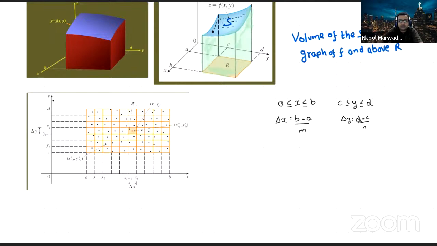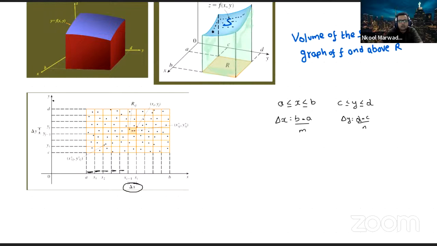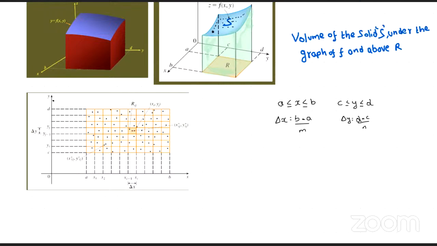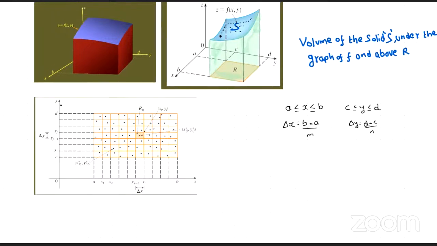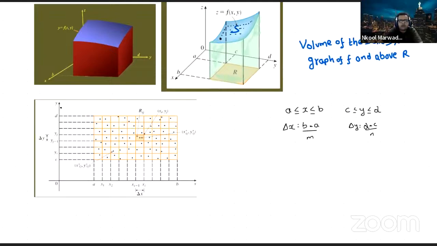This is delta x, delta x, delta x, and they are of equal width. Then we randomly keep dots. And we have n rectangles of delta y, delta y, delta y, like this. So we will get a grid like this.